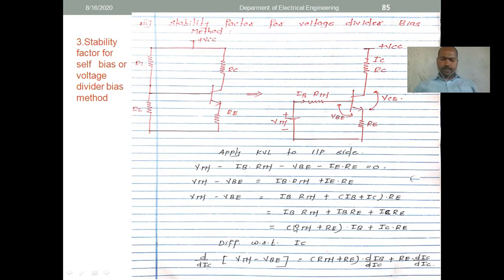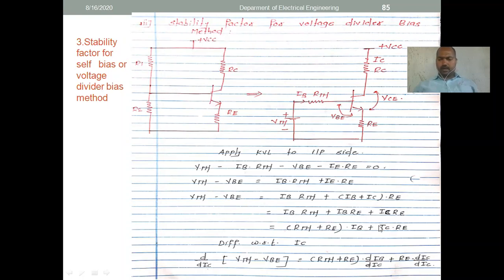So for IB, we take these two terms in a bracket and IB as common. So IB common, RTH plus RE. This is the equation with respect to this. So IC into RE as it is, right?